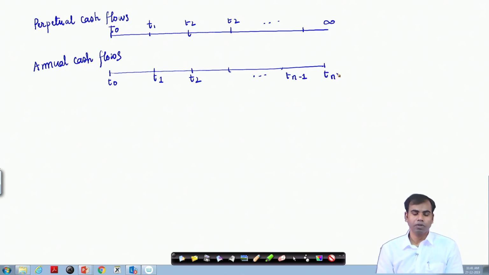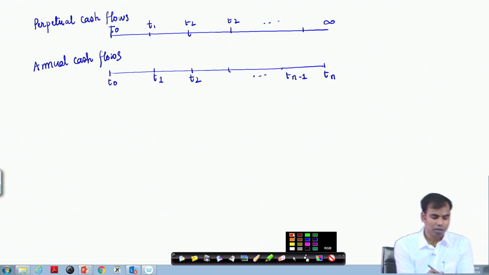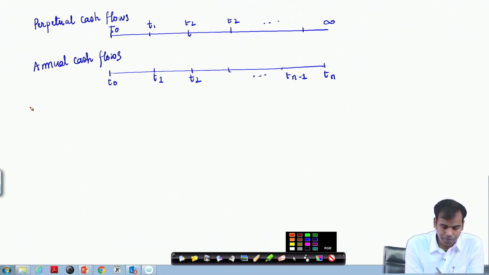So, these are two examples of cash flows that we are going to discuss. Now, the first case here is the simple perpetuity cash flows. So, let us start with that.